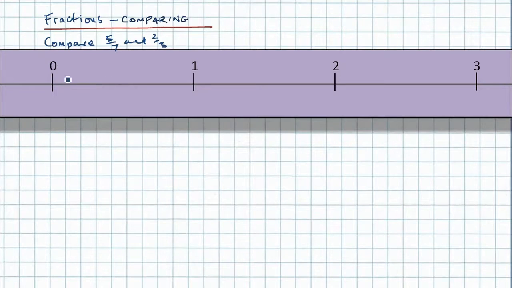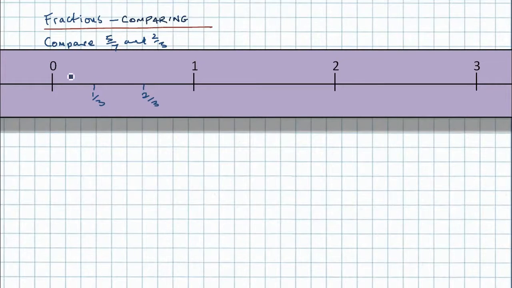So what I'm going to do is just divide this unit here into 3. So if I say, well, 1/3 is about there, and then half of that will give us our other division, and then we can say, well, here we've got 1/3, so that's where that lies, and here we've got 2/3. All right, now 5/7.